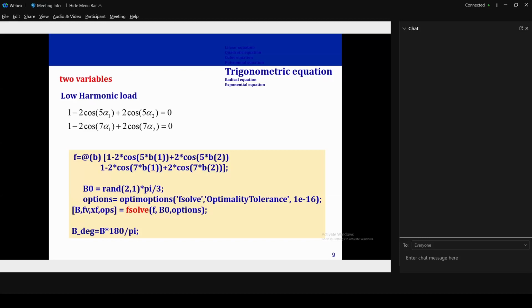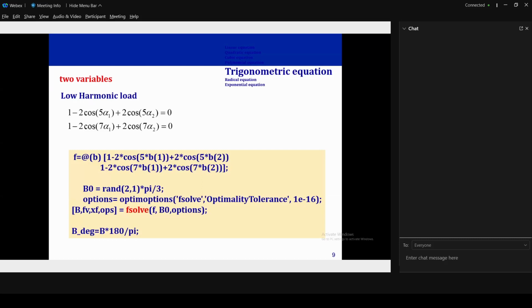In this way I will proceed, and a time will come when the left hand sides of both equations are equal to the right hand sides, and the values of the variables which satisfy these equations are the solution. That has to be carried out using some optimization solvers.